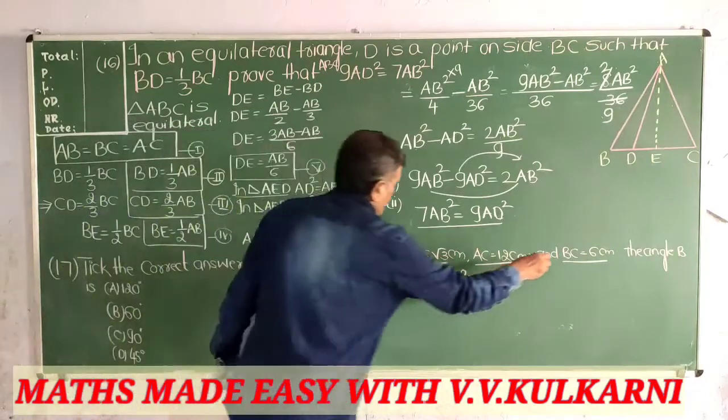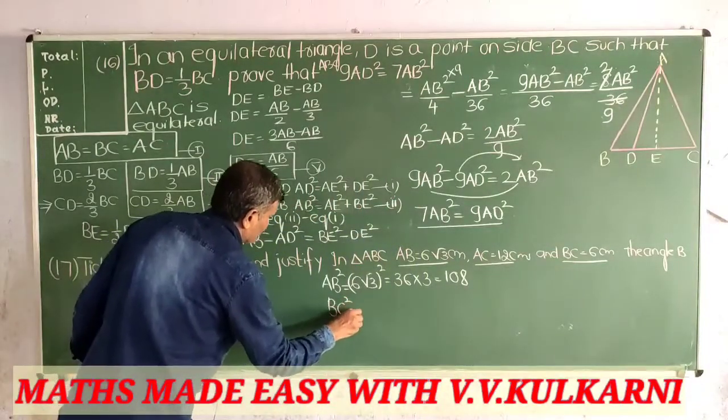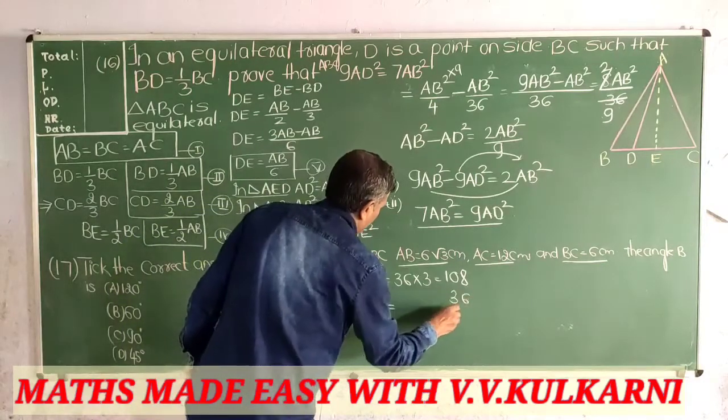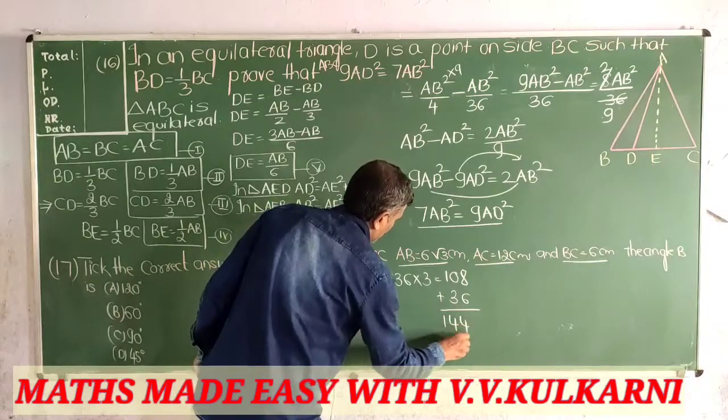Then BC square is 6 square, which is 36. If I add these two, I get 144.